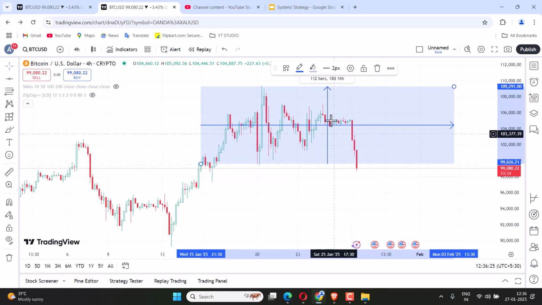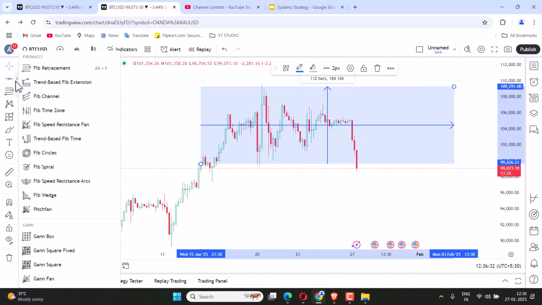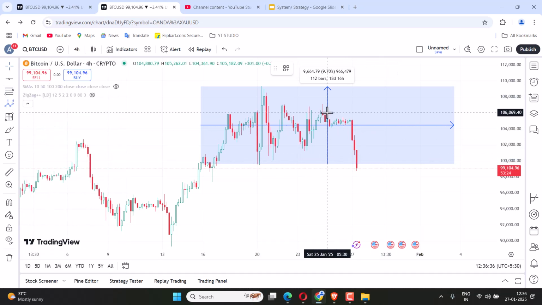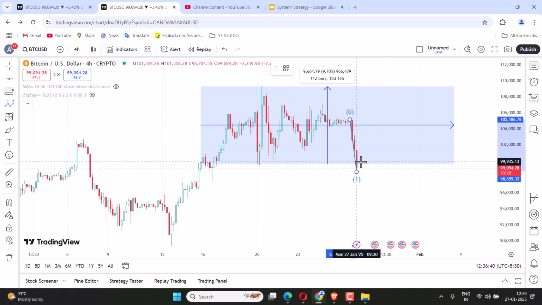Usually when there's too big of a move to the downside, the price tries to push back up. Price moves in wave-like patterns. Since we had this huge move, now we might see the price, after some consolidation here, try to push back up higher, maybe to this level, and then continue the trend.